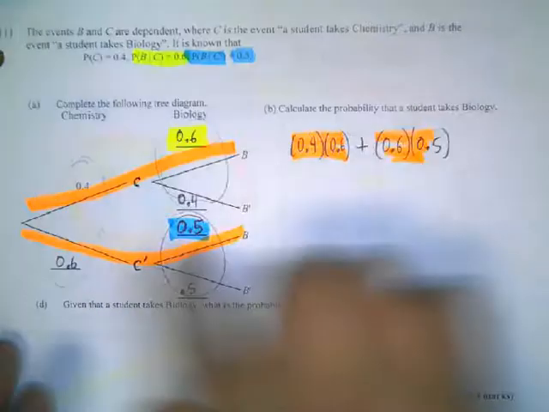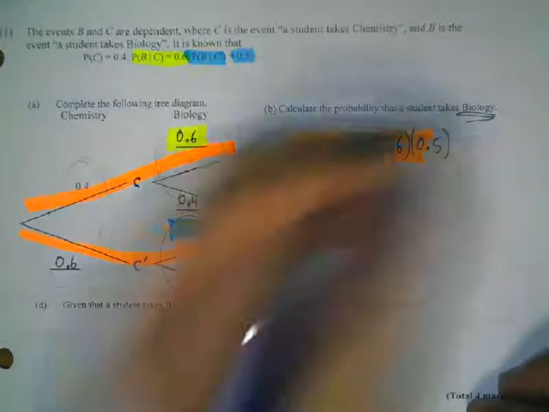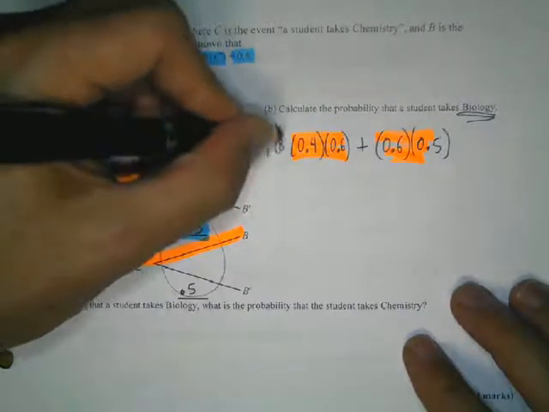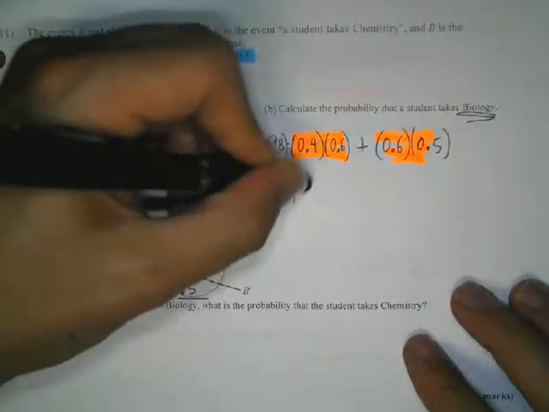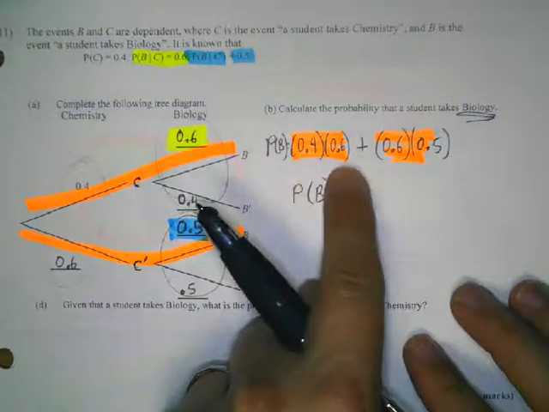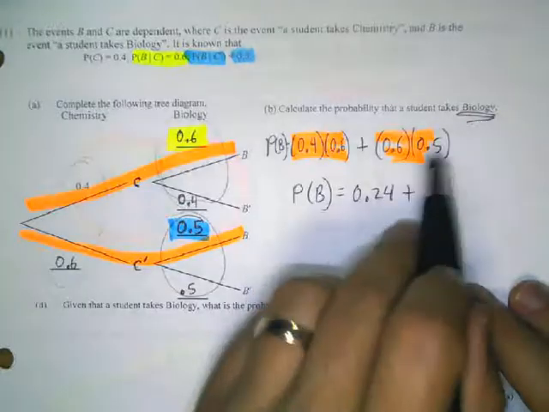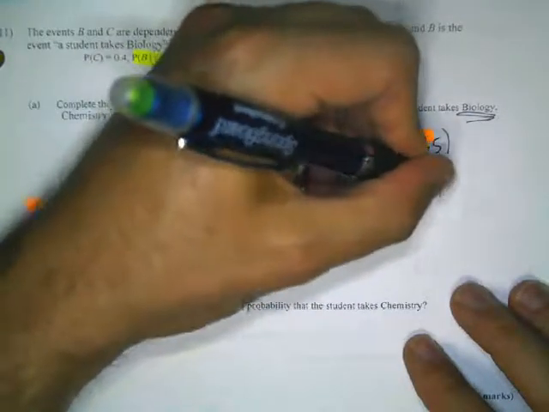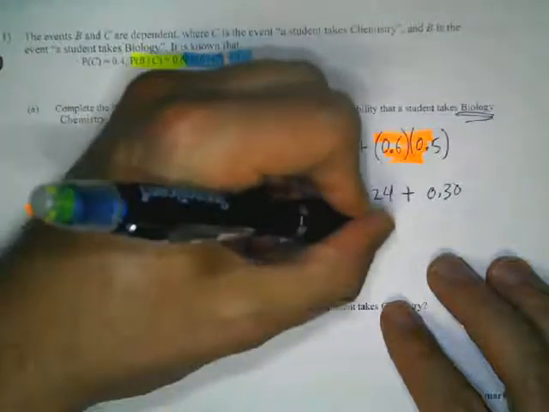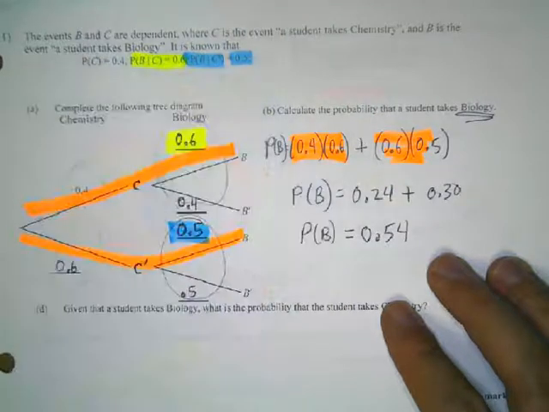So we add those two pathways together, and that's the probability of taking biology. Okay, so 0.4 times 0.6 is 0.24. 0.6 times 0.5 is 0.3. Add those together, and we get 0.54 is the probability of getting biology.